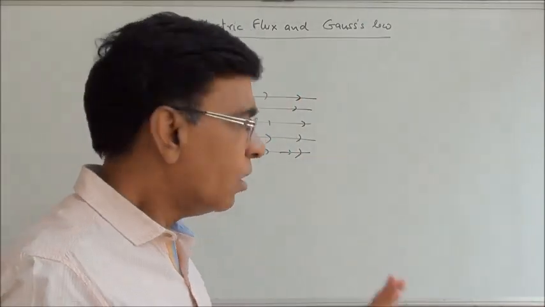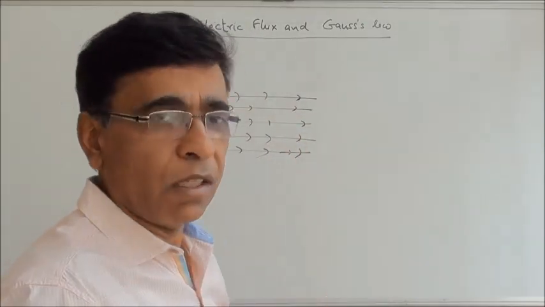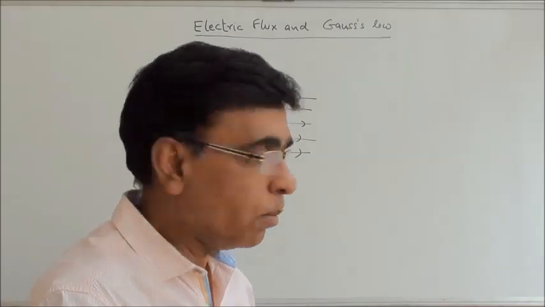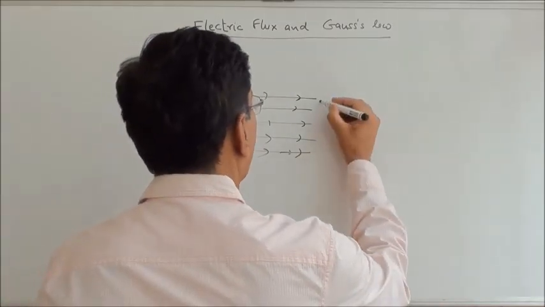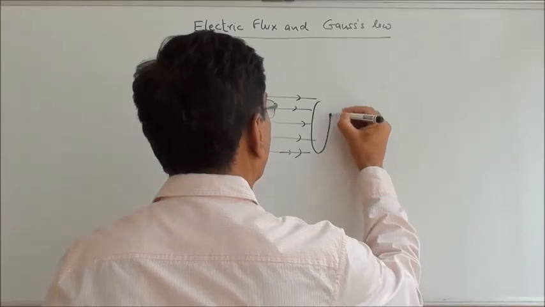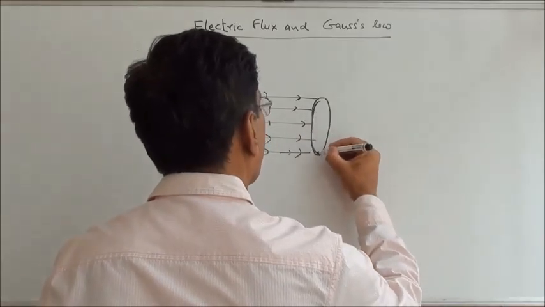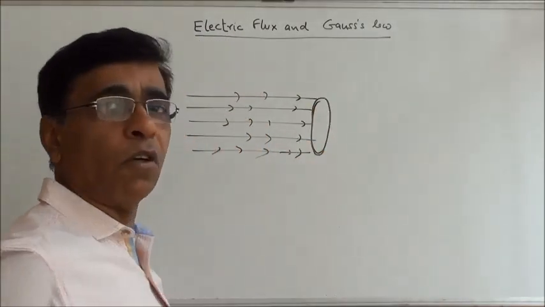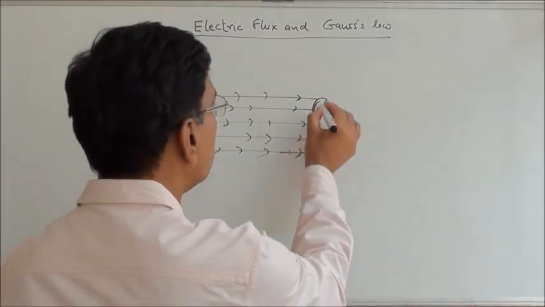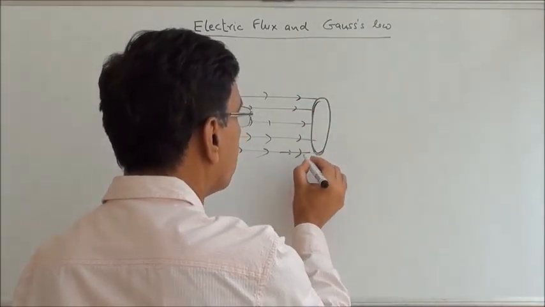Let us consider that water is flowing in this direction through a pipe, and this is the cross-sectional area of that pipe through which water is moving out.